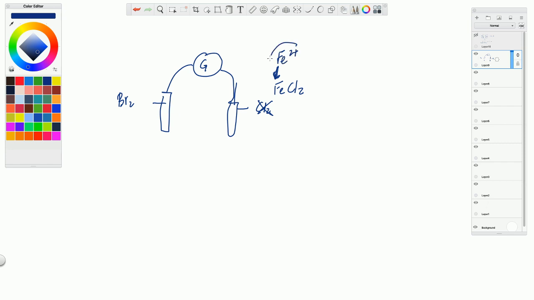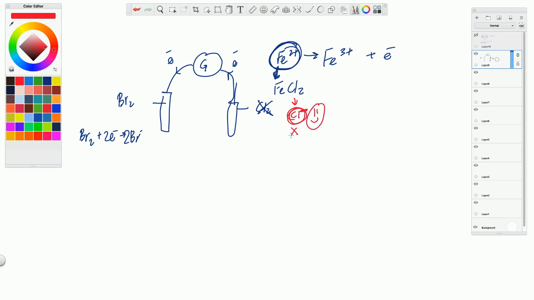Whenever you see Fe2 plus, Fe2 plus only knows how to become Fe3 plus and it will release an electron. So the electron will go this way, and bromine really likes to hold electrons. Some of you ask me, then teacher, what about the chloride? Here is FeCl2, the chloride here is an ion. It already has the electron. It's very happy.